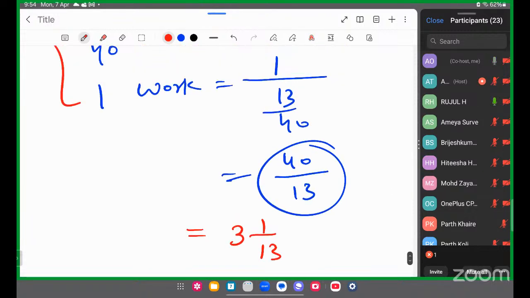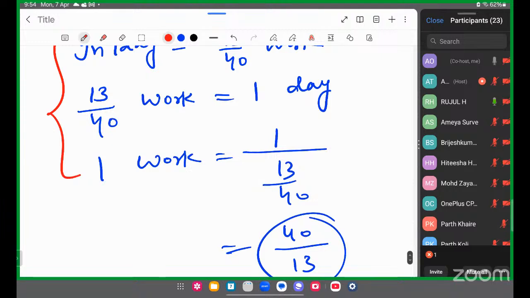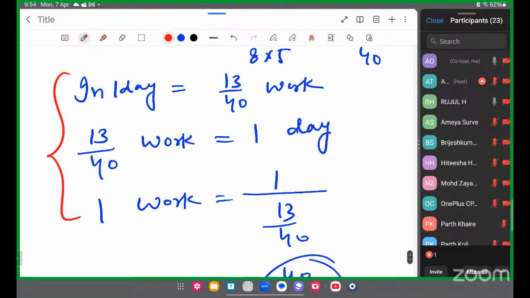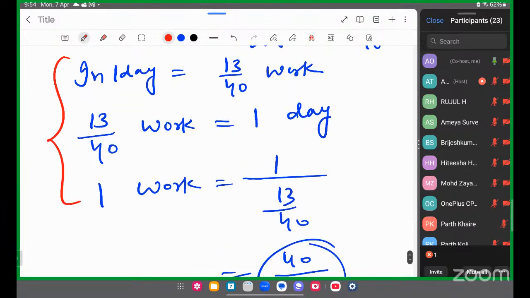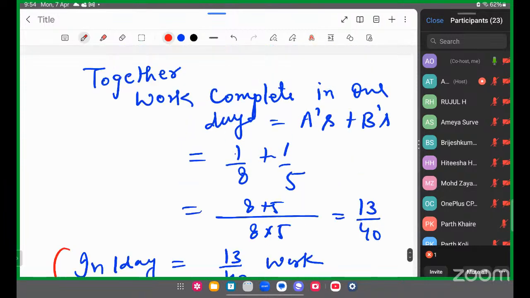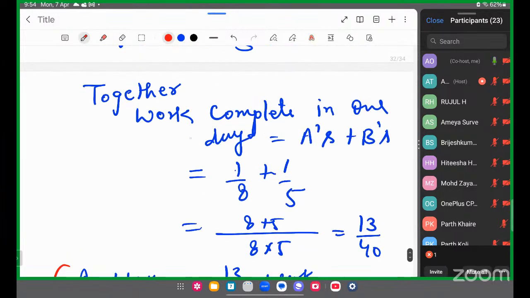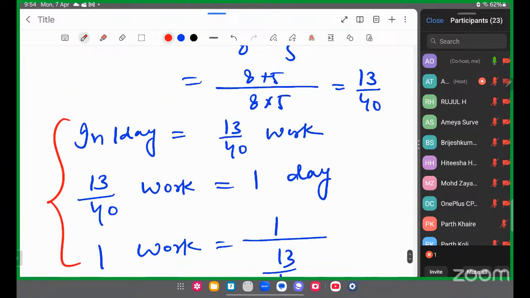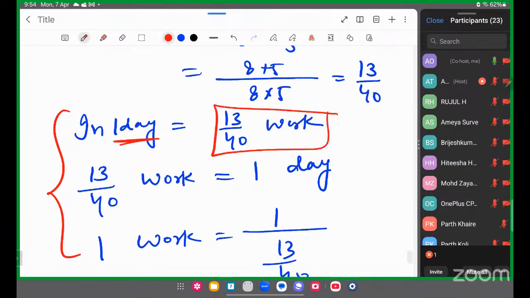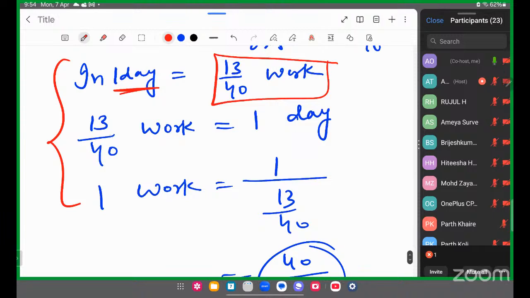Can you explain again why we reciprocate that? Okay. The reciprocal is done in this sense because we have calculated the work done by A and B in one day. So in one day, this amount of work is done. Now I will write it in reverse direction: 13 by 40 part of work is done in one day.